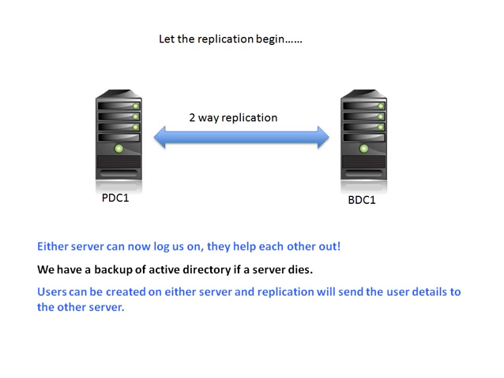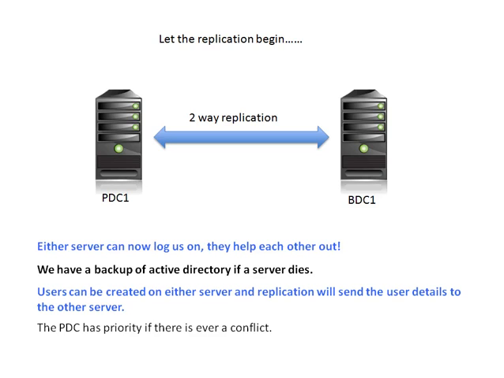So if I had a new password reset on BDC1, but PDC1 tried to log me on, it would still have my old password until they've both replicated. So they both replicate in both ways. So a change either way gets replicated, and obviously the more often you replicate, the more up to date the data will be.